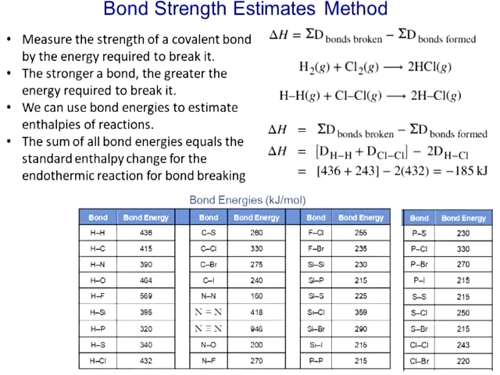And we do the math and we find minus 185 kilojoules. So that is the estimate of the bond strength for the reaction of diatomic hydrogen gas and diatomic chlorine to form 2 molecules of HCl gas.